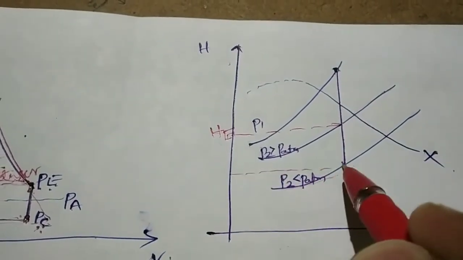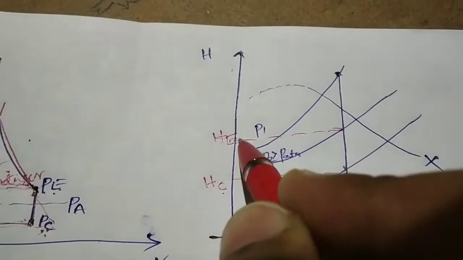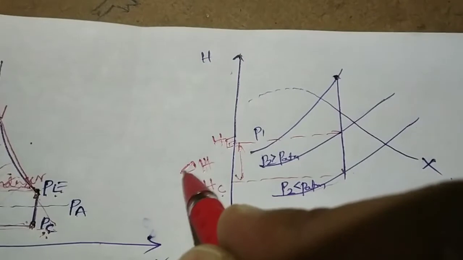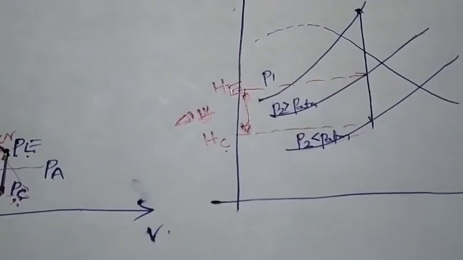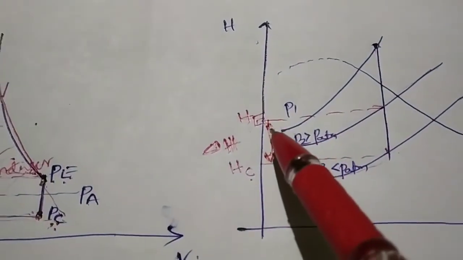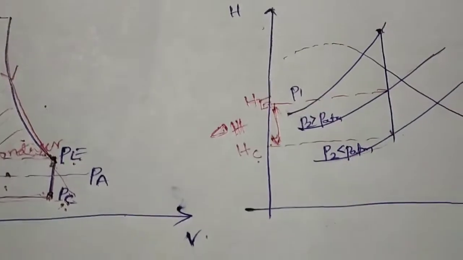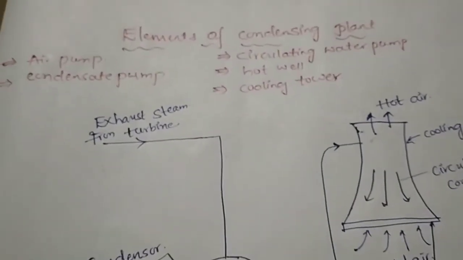The pressure is reduced, and the enthalpy is reduced to HC. That means this much amount of enthalpy is dropped here. Whenever there is an enthalpy drop, we will get a high work output and a high pressure ratio. Next, what are the elements of this condensing plant?